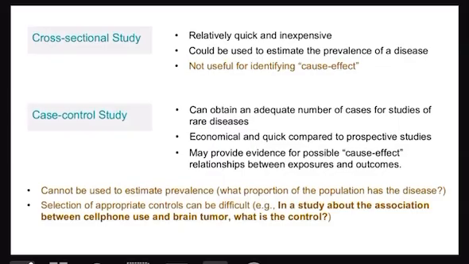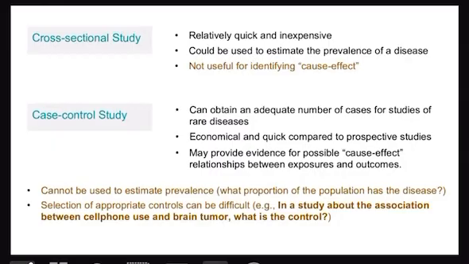But it's not useful for identifying cause and effect. You are only interested in linkage, association, but not whether one causes the other. Association can exist, and that association does not imply causation.